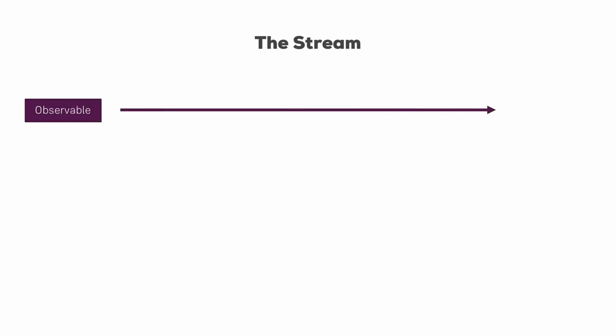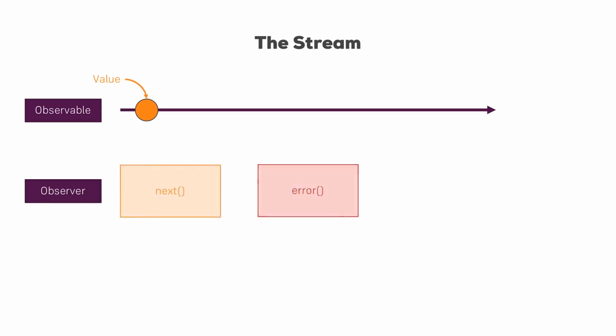So in general, you can think of observables and therefore also subjects as streams of data or of values. So we got one value and we can have more values which are emitted over time, depending on the observable and the data source it covers. Then we have the observer, so that's essentially this set of functions we can call next, error, and complete. And for a normal value, we typically would call next. And if we have an observable that wraps something like a HTTP request, then it would do that for us.